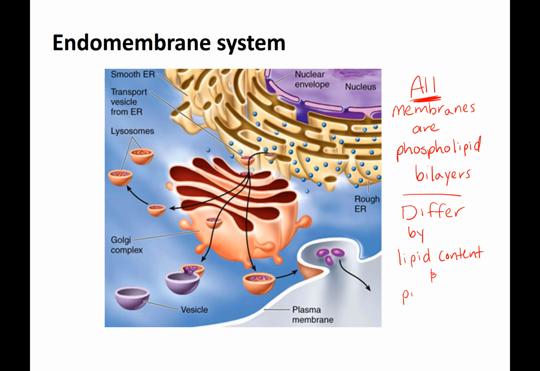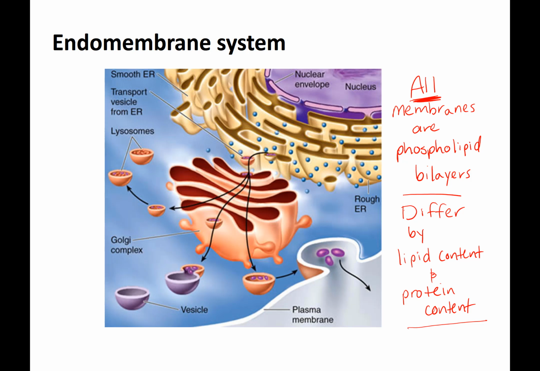And the proteins in the membrane. Right? So in chapter 5, we'll talk about lots of proteins that are important in membranes, like transport proteins, carrier proteins, channel proteins. And then in chapter 8, we talk about receptors and signaling molecules that are on the plasma membrane.